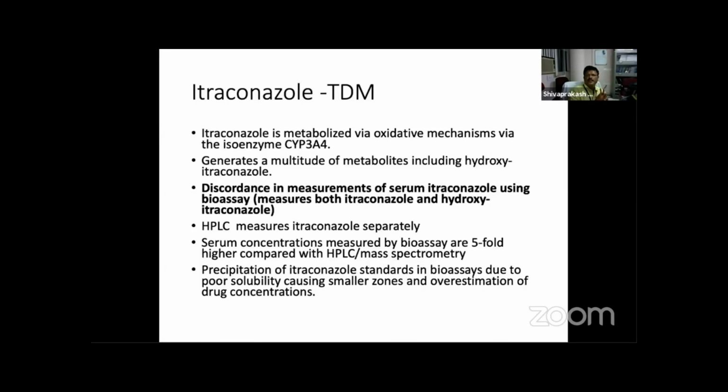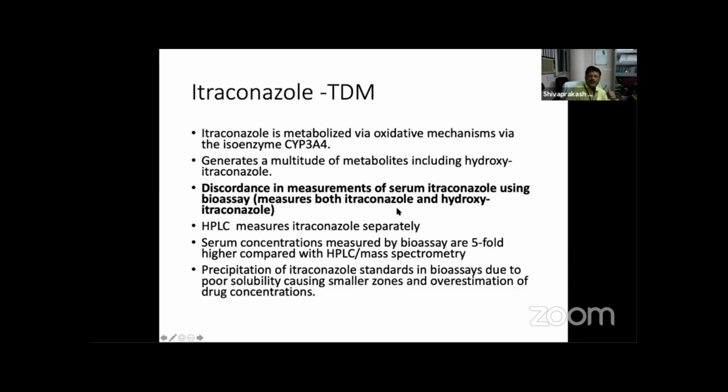So TDM here, what I would like to say, is that itraconazole generates a multitude of metabolites including hydroxyitraconazole. So the discordance in the bioassay is mainly because of this particular thing. You will measure both the itraconazole level as well as the hydroxyitraconazole level, so you cannot differentiate which activity is because of which one.